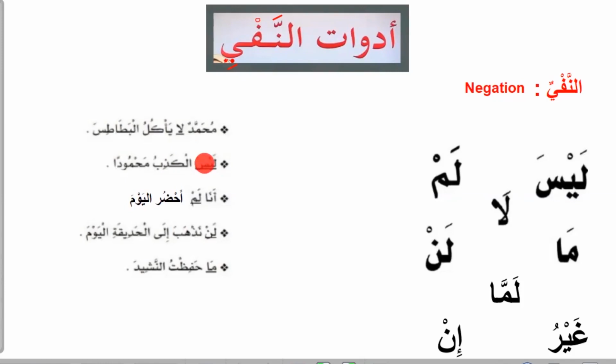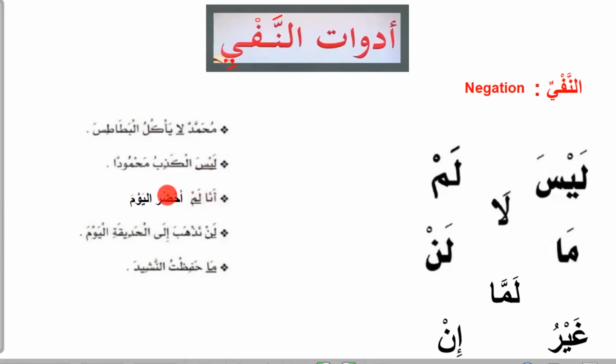You won't say lying is no praiseworthy or lying doesn't praiseworthy. That won't be a correct sentence. So the appropriate negative tool will be what? Not. So if laysa is coming here, it will mean not, but in itself it doesn't mean only not. That is why it is translated to mean not.